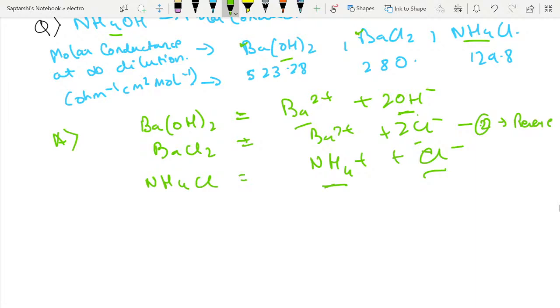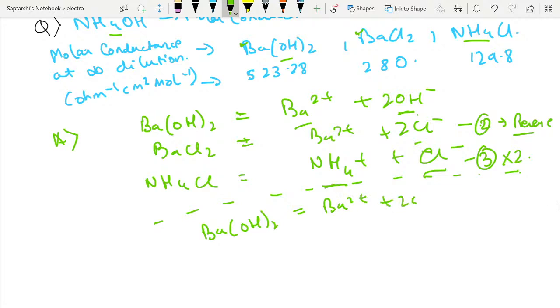Because if we don't do it, then the 2 Cl minus will not cancel. So what we can do is multiply the last equation by 2. So we reverse the second equation, we multiply the third equation by 2, and the result is that our barium hydroxide stays as it is, with 2OH minus.